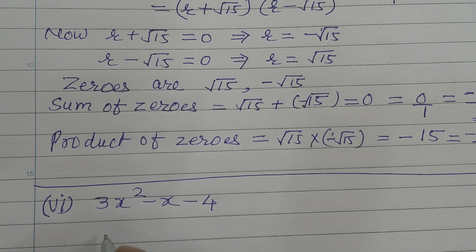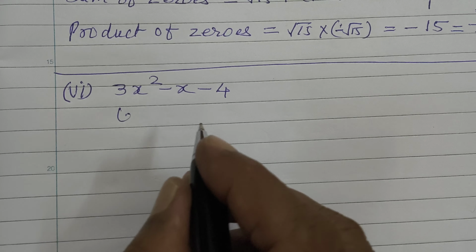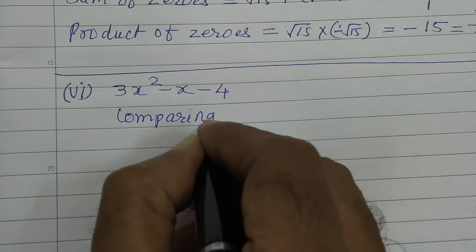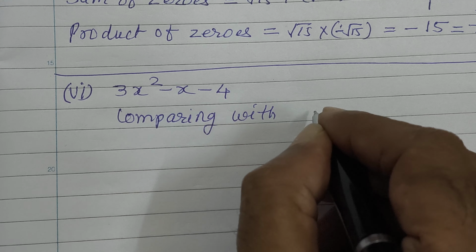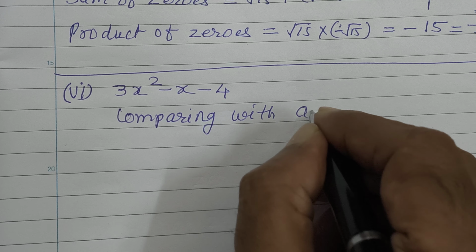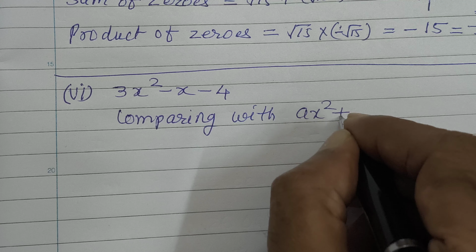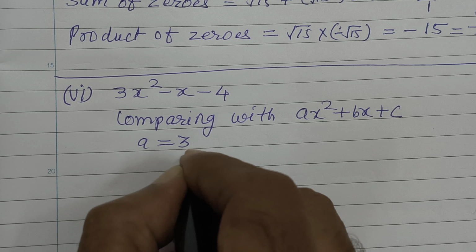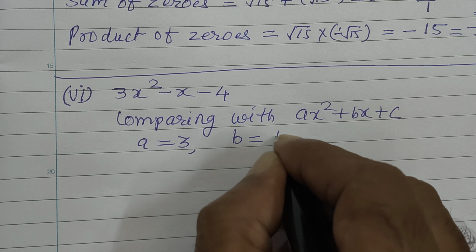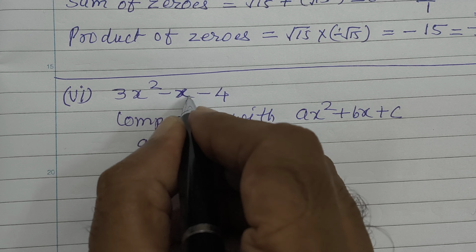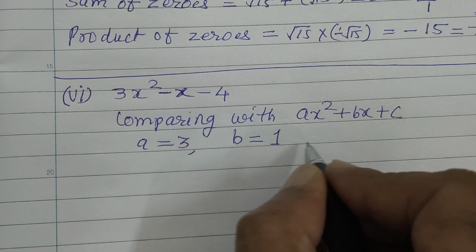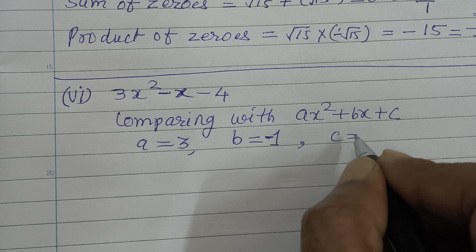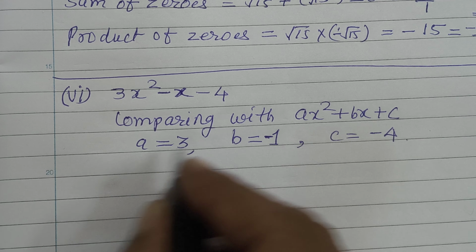So comparing with the standard form of polynomial ax square plus bx plus c, we get a is equal to 3, b is equal to minus 1, the coefficient of middle term x, and c is equal to minus 4, the constant term.